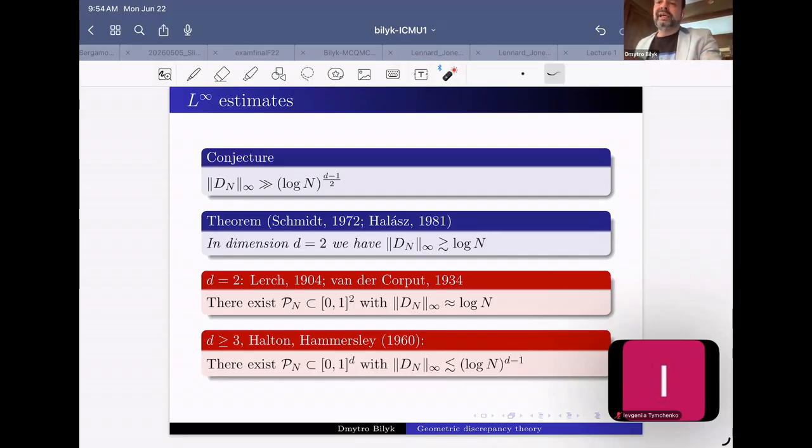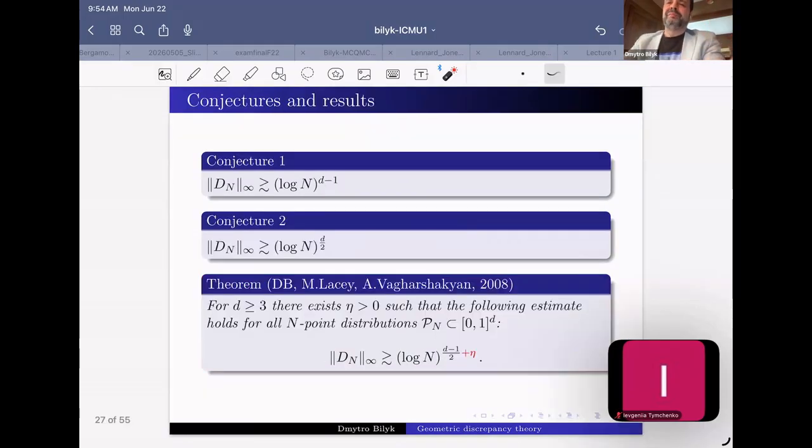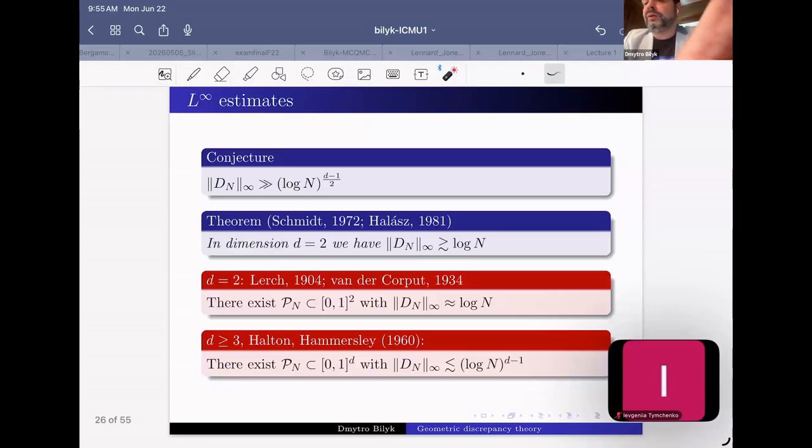However, we still don't have appropriate lower bounds, and we don't even know what the correct conjecture is. So there are two different conjectures. Remember, we know the power is bigger than (d minus 1) over 2. Our first conjecture is log n to the power d minus 1, and that corresponds to the best known examples.